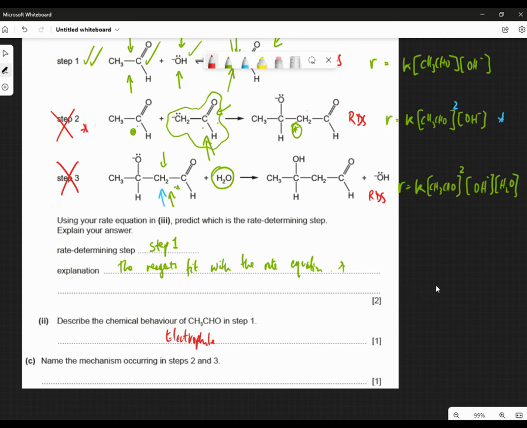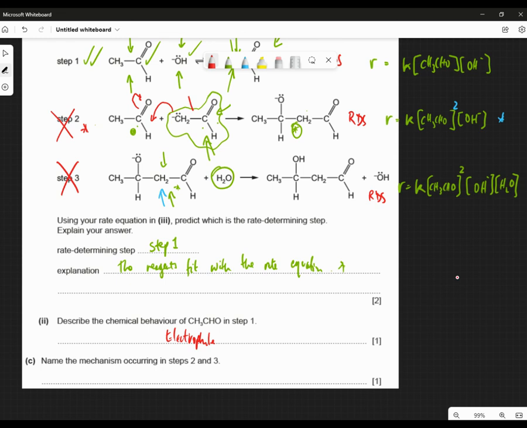Name the mechanism occurring in step 2 and step 3. Right, what have we got there? Step 2 and step 3, they're coming together, and water is coming off, and a small thing is coming off there. So what happens here? This forms a bond here, and these electrons go up to here.